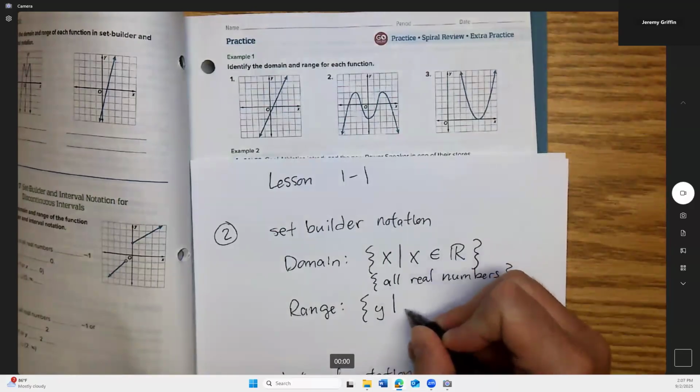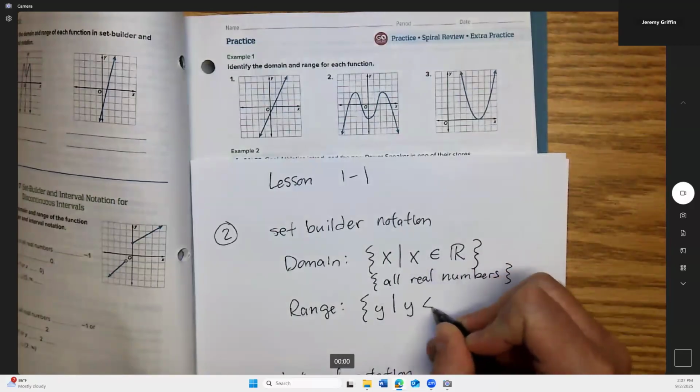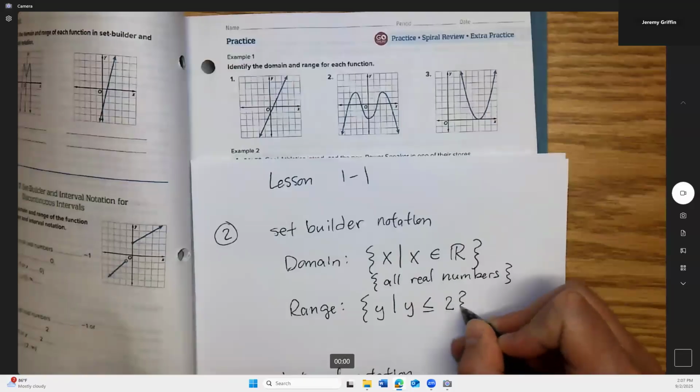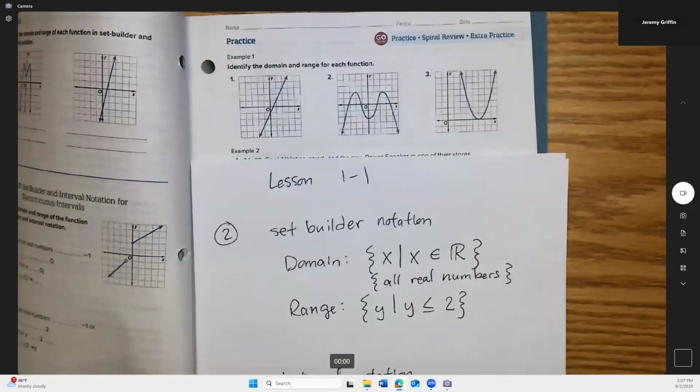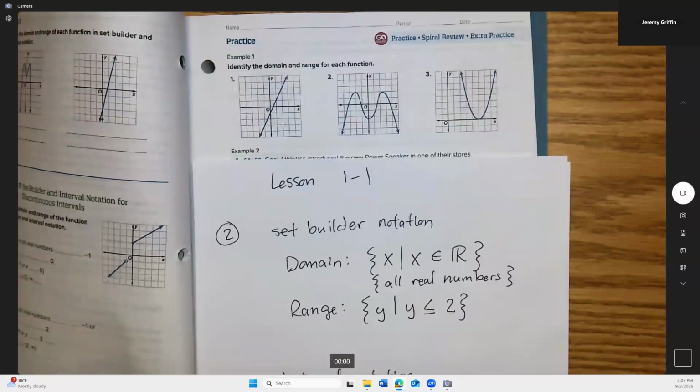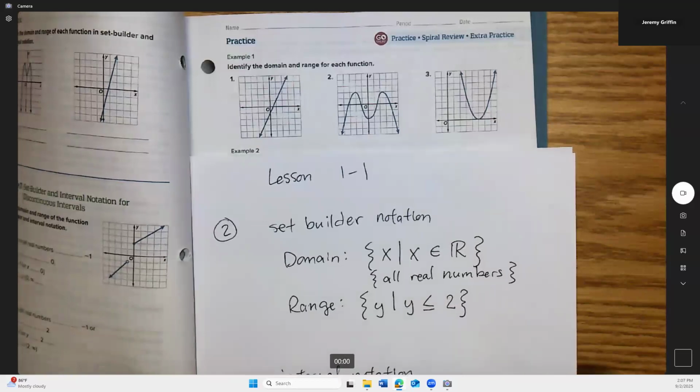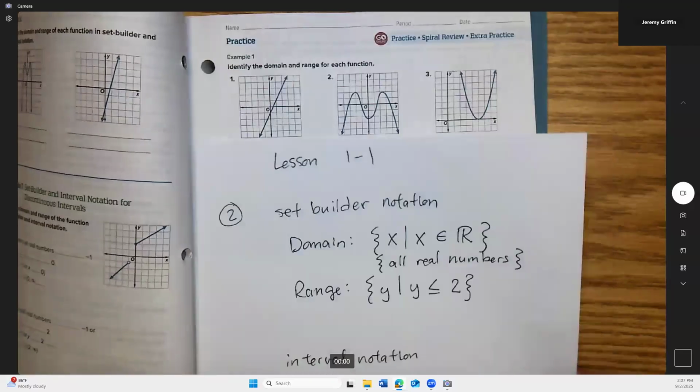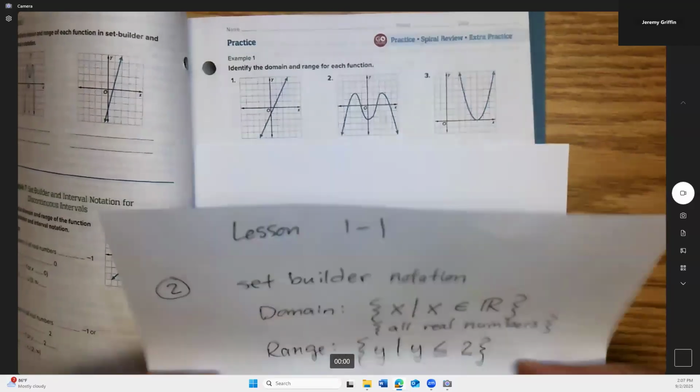Say, y such that y is less than or equal to 2? Like that? Yep. Like an inequality going on. Now, how could you communicate that with this other method, this interval notation?